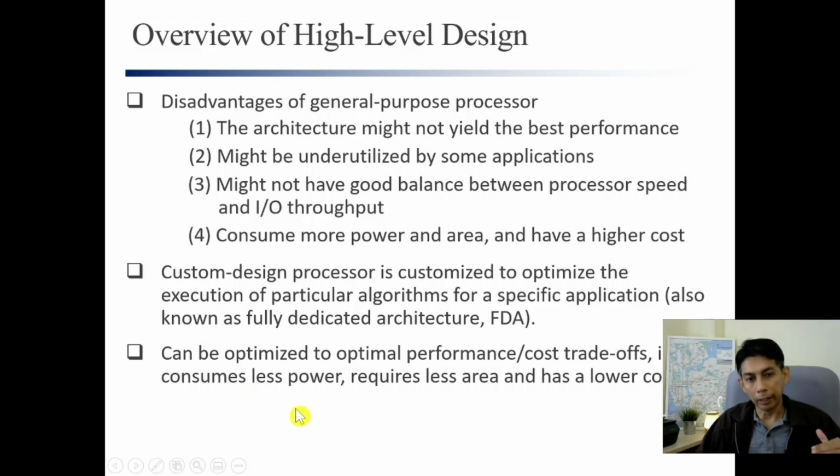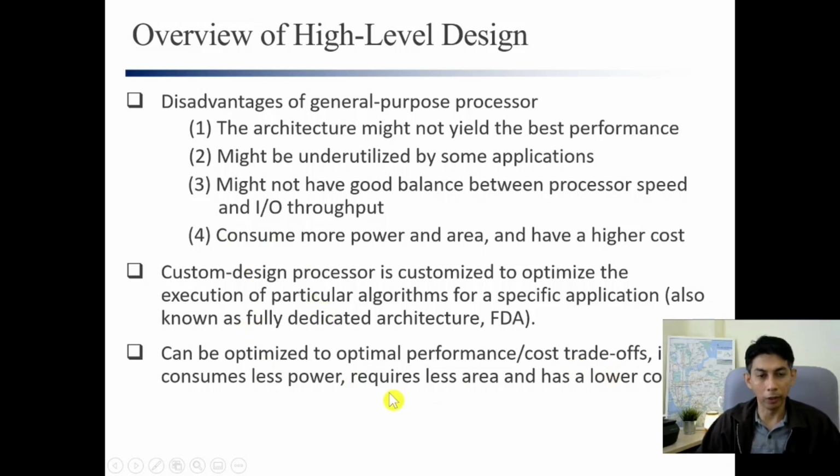Remember, the speed, the power consumption, and the area don't like each other. Yeah, when you go for high speed, of course you increase the power consumption. All right, so when you reduce the speed, you will also reduce the size and also reduce the power consumption. So we can have the trade-off for that with the custom design later on.